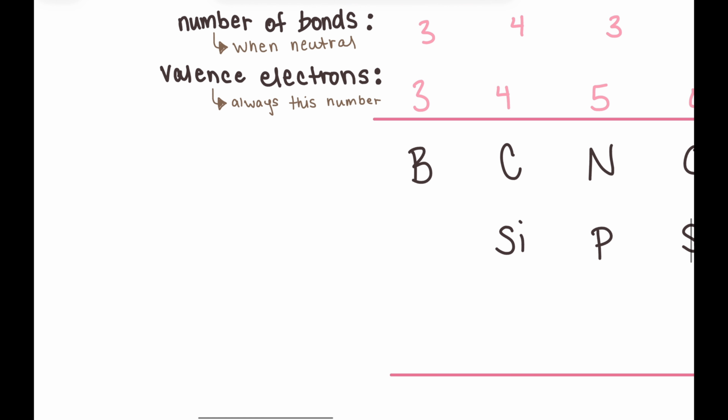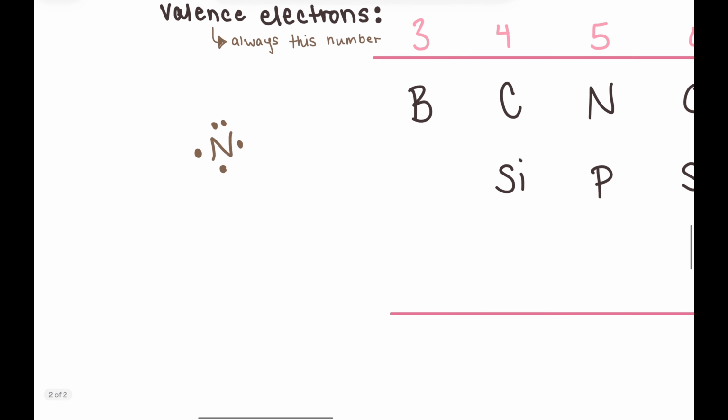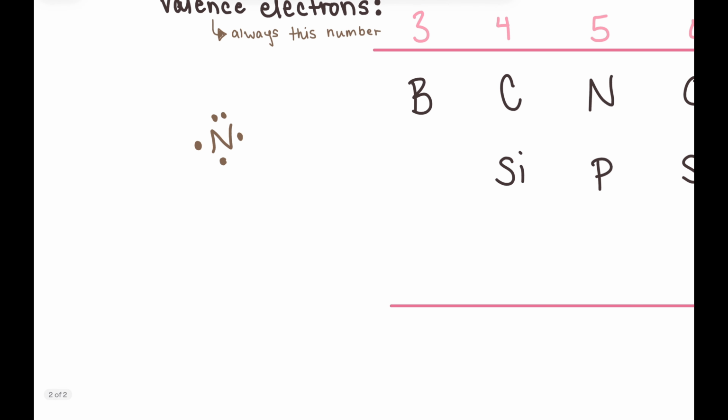Now let's take a look at nitrogen. Let's give nitrogen all of its valence electrons. Nitrogen has 5 valence electrons. So, whenever you see it in a structure, try to make it have 3 bonds. Let's say you were given NCH3.